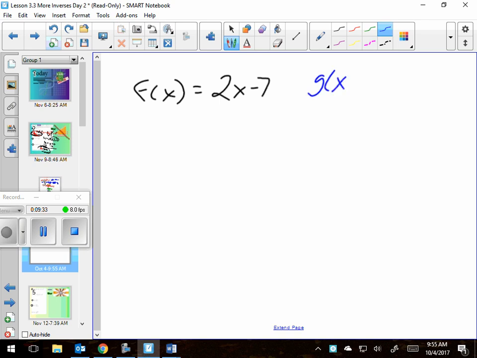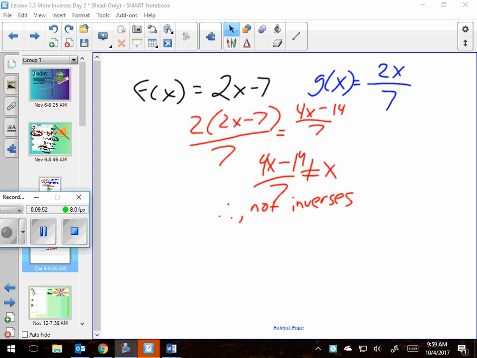They say the answer is 2x over 7. Prove that either they are inverses or that they aren't inverses. I'm going to pause for a second to give that a try.